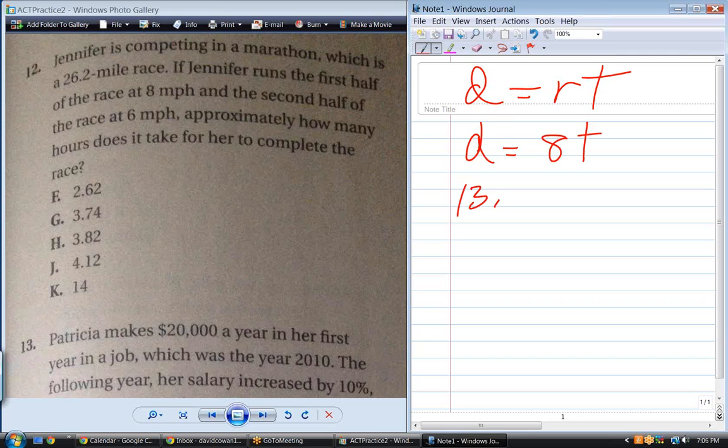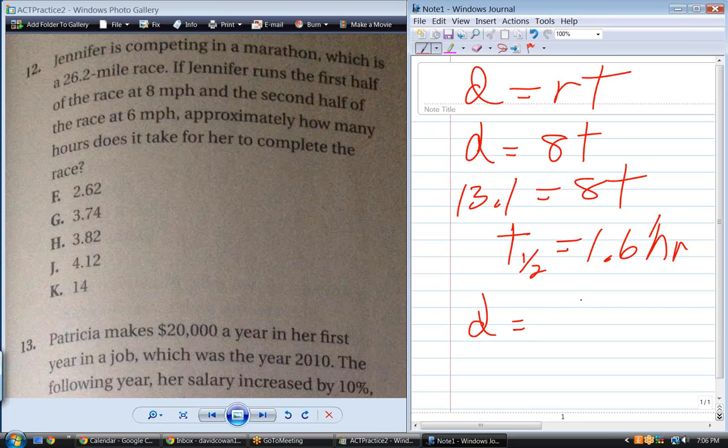Okay, so let's solve that for how long it took her to run the first half of the race. So 1.6. Okay, 1.6 hours. How about the second half of the race? So she ran 13.1 at 6.